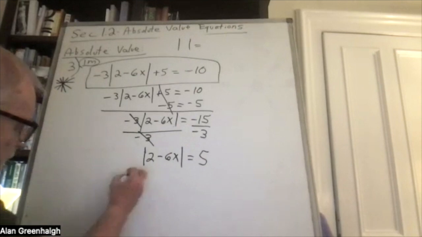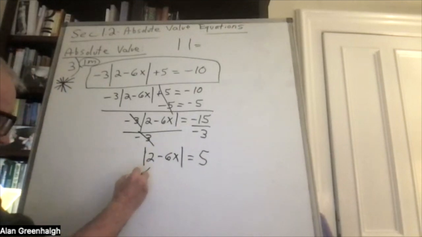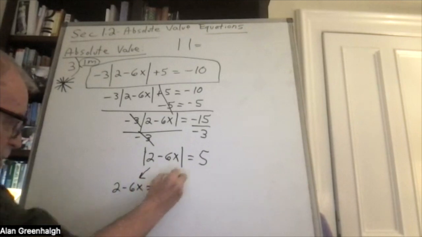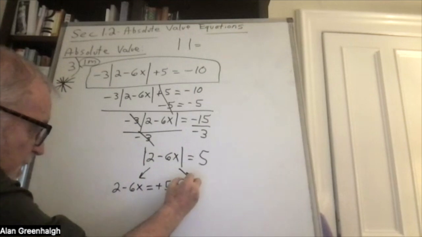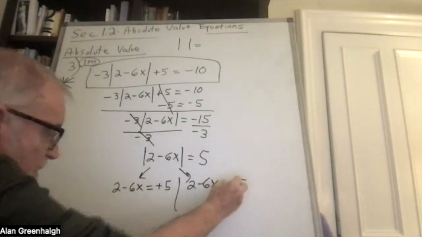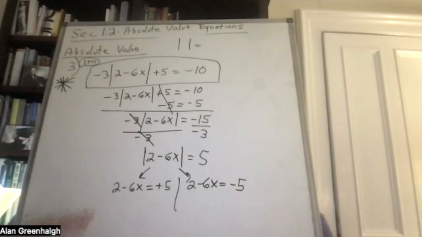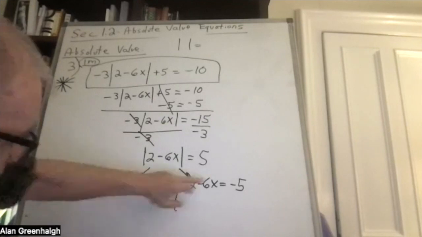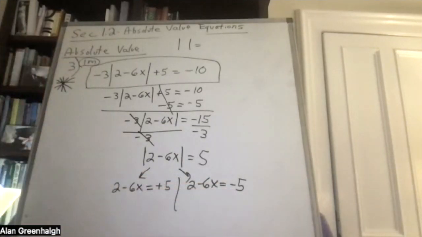Now, at this point, you're going in 2 directions. You're going 2 minus 6x equals +5, and 2 minus 6x equals -5. What's underneath here is either a +5 or a -5.